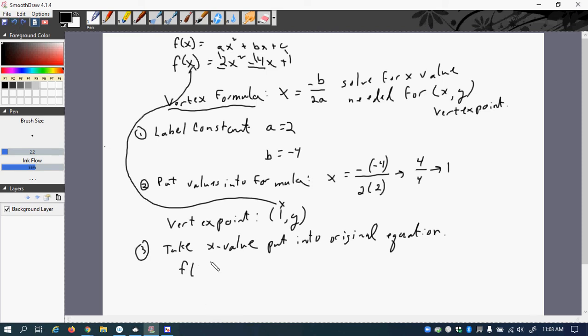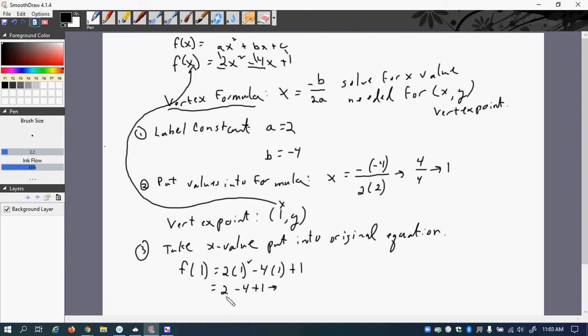So that's f of 1 equal to 2 times 1 squared minus 4 times 1 plus 1. So 1 squared is 1, times 2 is 2, minus 4 plus 1.